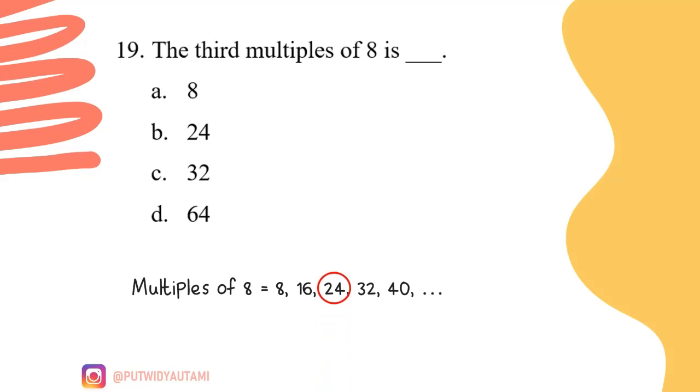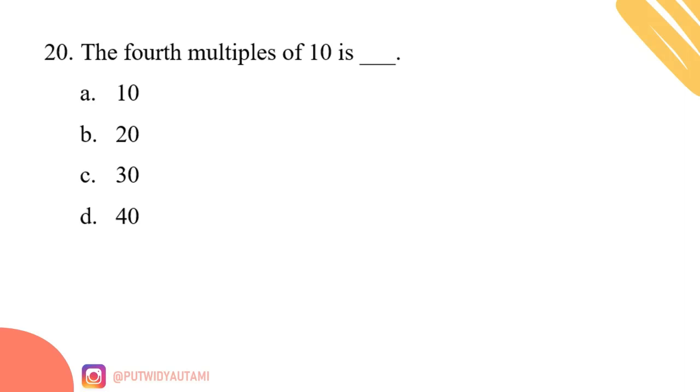Yeah, 8 times 3. Number 20. The fourth multiple of 10 is, we know that the multiples of 10 are 10, 20, 30, 40, and so on. So, the fourth multiple of 10 is, yeah, 40.